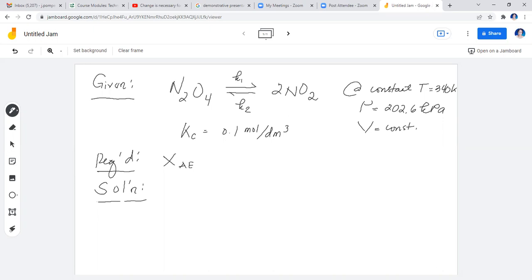Anybody? Nobody knows how to start? How did we start in the first place deriving the formulas for the first order reversible reaction and second order reversible reaction?